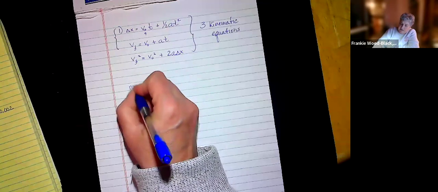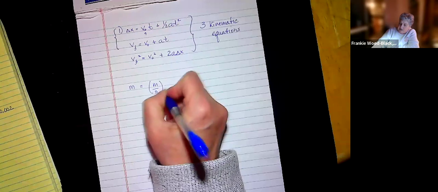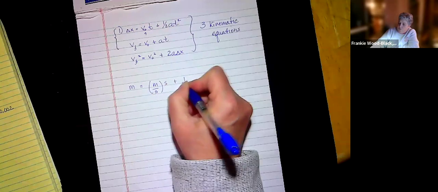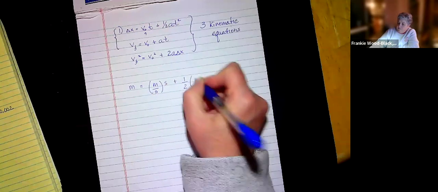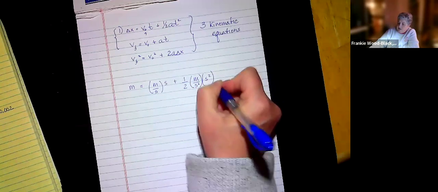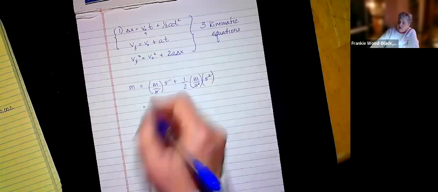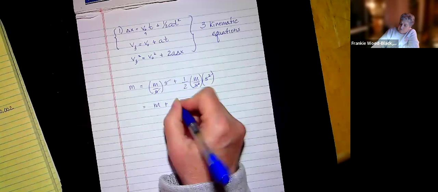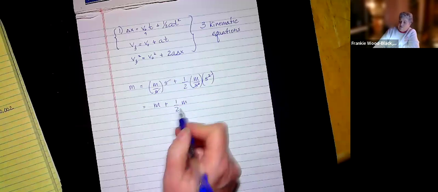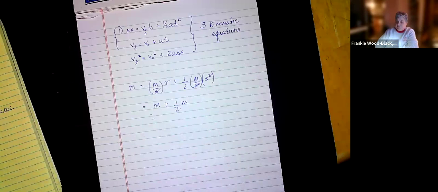I have meters is equal to meters per second times seconds plus 1/2 meters per second squared times seconds squared. Seconds cancel, seconds squared cancel. I end up with meters plus 1/2 meters, units I can add together, and I'm dimensionally correct.